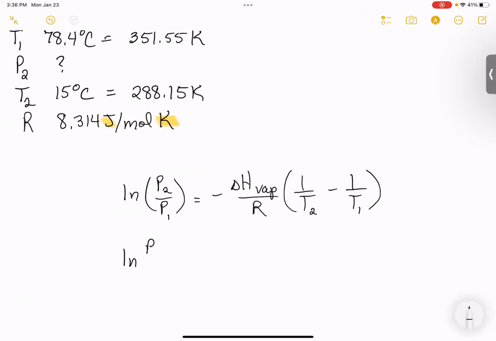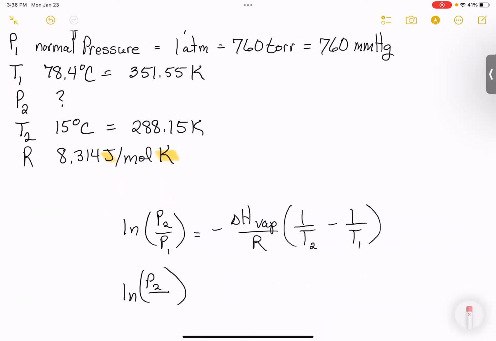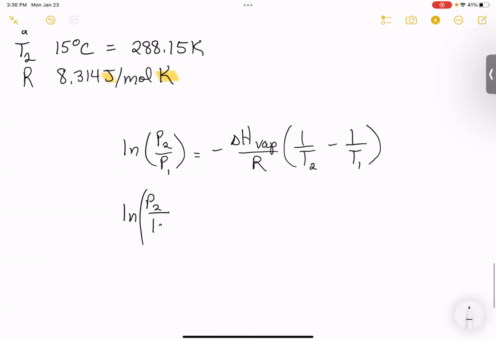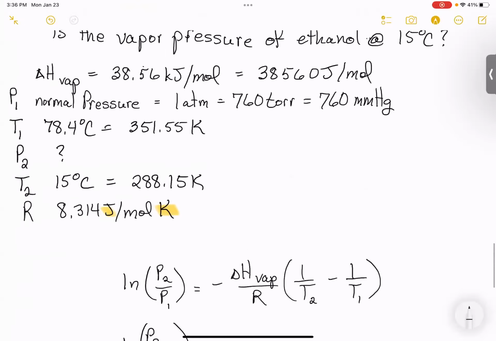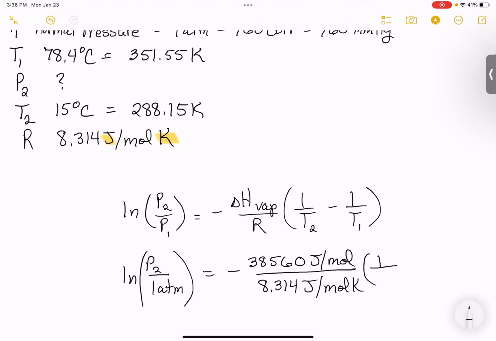So the natural log of P2 over 1 atmosphere, or we can use millimeters of mercury, it doesn't really matter, they just all need to be the same, is equal to the negative delta H of vaporization, that is 38,560 joules per mole, divided by our R value of 8.314 joules per mole Kelvin, times 1 over T2, which is 288.15 Kelvin, minus 1 over T1, which is 1 over 351.55 Kelvin. Sorry, I ran out of room. Need to move over some.